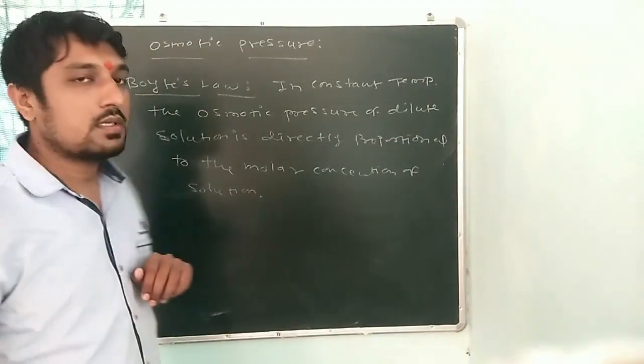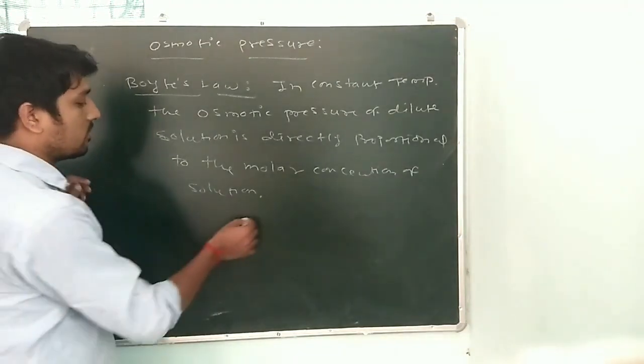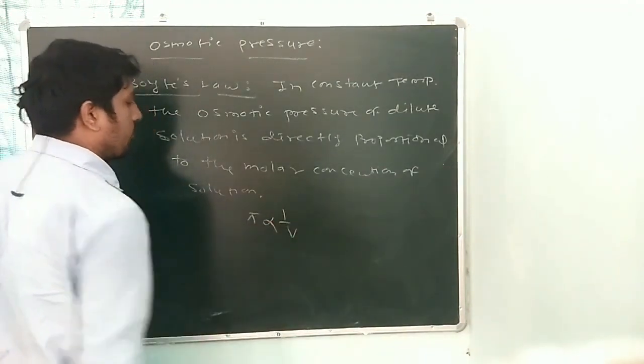Okay, so this is Boyle's law, and what is the formula of Boyle's law? Pi proportional to 1 upon V.